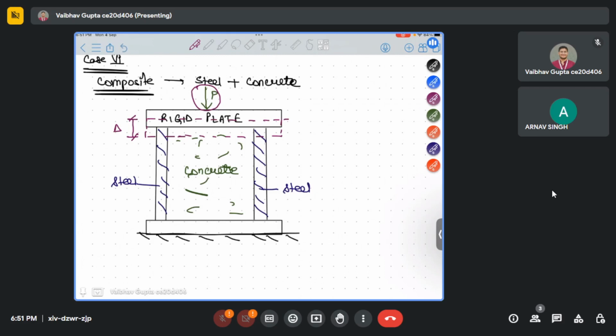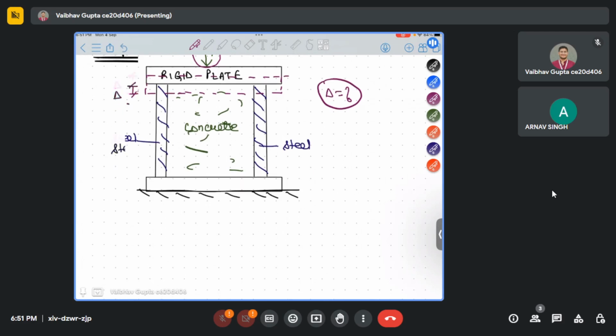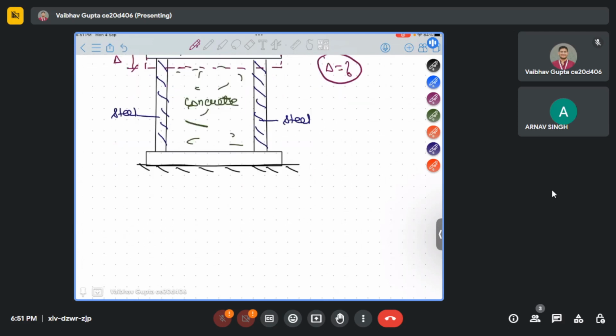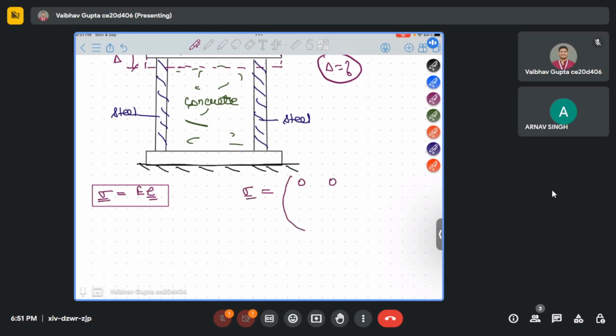So how will we calculate this delta? This is what we have to see. We have seen that for a uniaxial state of stress, sigma is nothing but E into epsilon. Suppose for this case, the sigma matrix has been given to you since it's a uniaxial state. I define my coordinate system as Z, Y, and X. We are applying the force in the Z direction, so it will be P here.